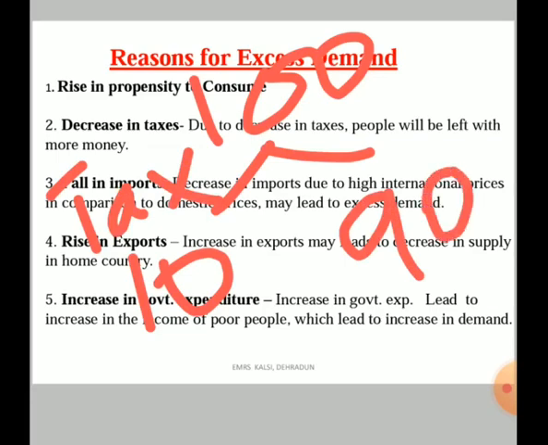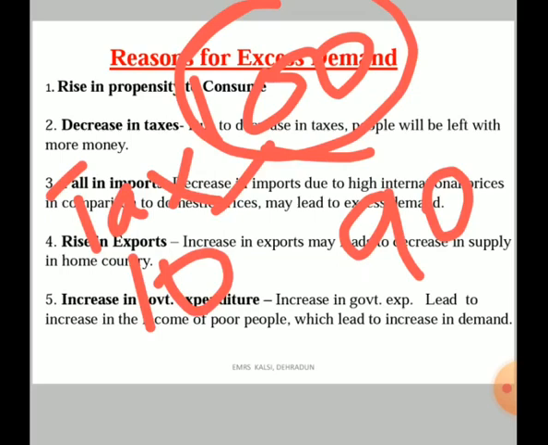This is an example, but in actual it occurs in lakhs or crores of rupees. Earlier we were left with 80 rupees, now we are left with 90 rupees, so we are left with 10 rupees more.